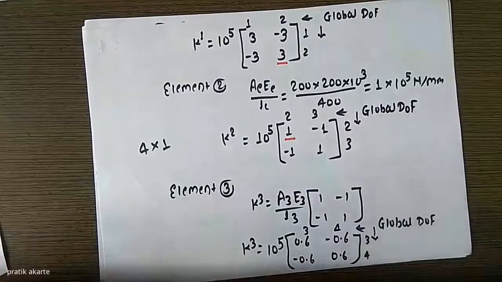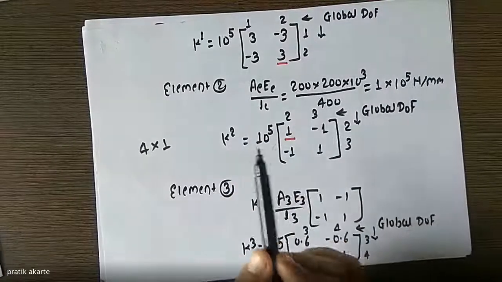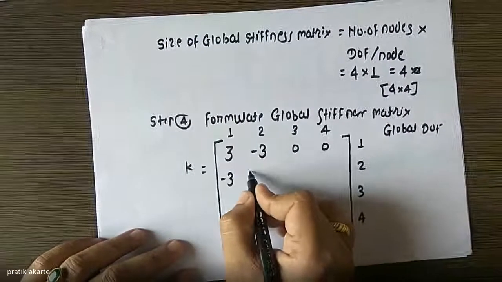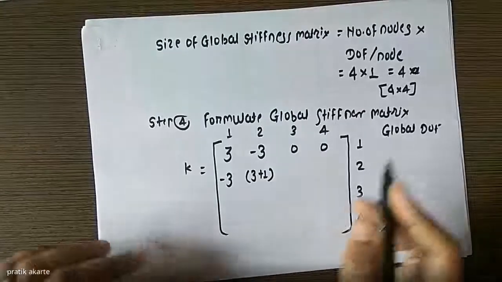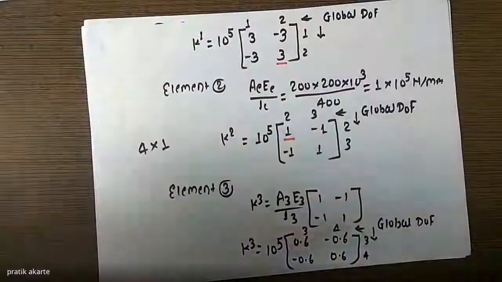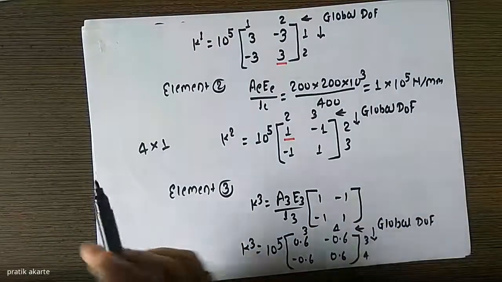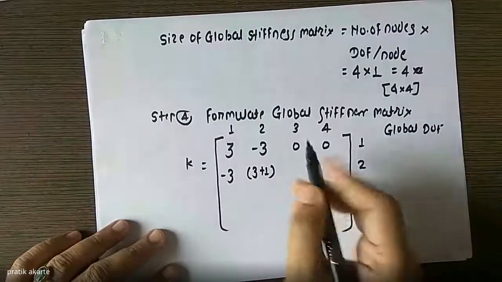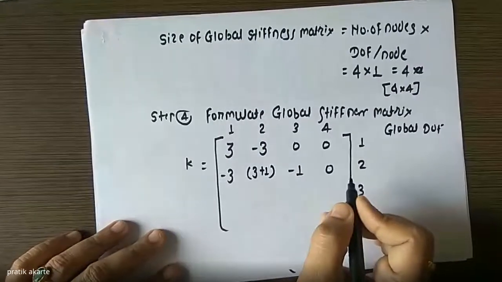So I have two elements considering the global degrees of freedom, in element number 1 and element number 2. So what I'll be writing is 3 plus 1, considering the sign. That is how your element connectivity table will help you to formulate your global stiffness matrix. Then 3, 2, I'll check. It is -1, and for 2 there is no object, so that's why it is 0.